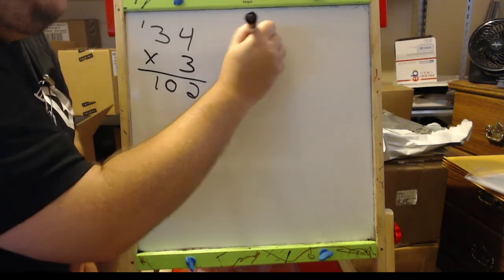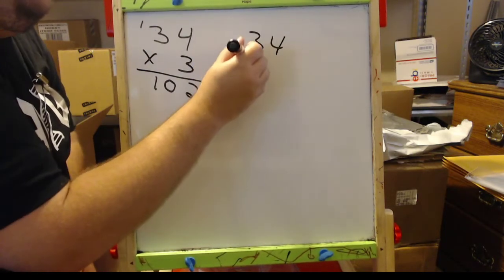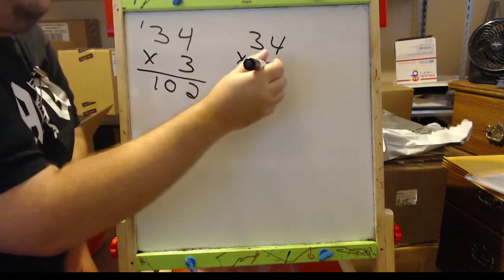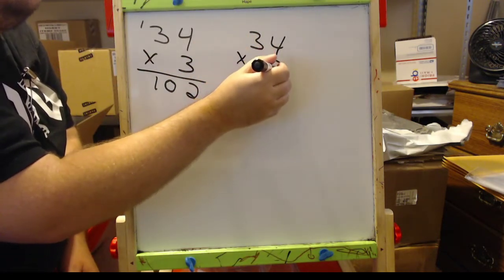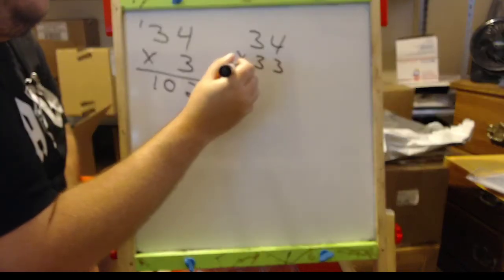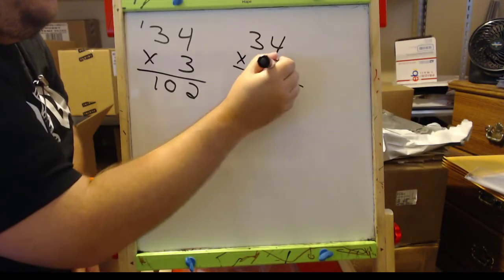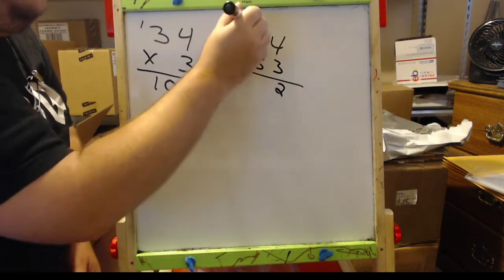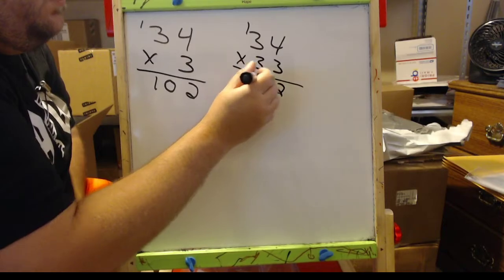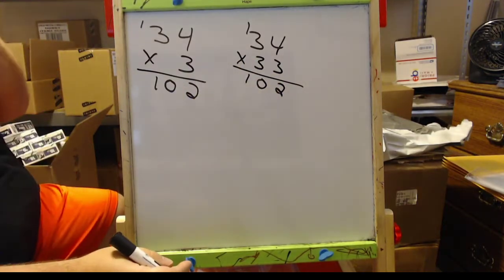If there's multiple numbers, let's say it's 34 times 33. Multiply the bottom number, each one, through the 34. What I mean by that is 4 times 3 is 12. Carry the 1. 3 times 3 is 9, plus 1 is 10. So we got 102.